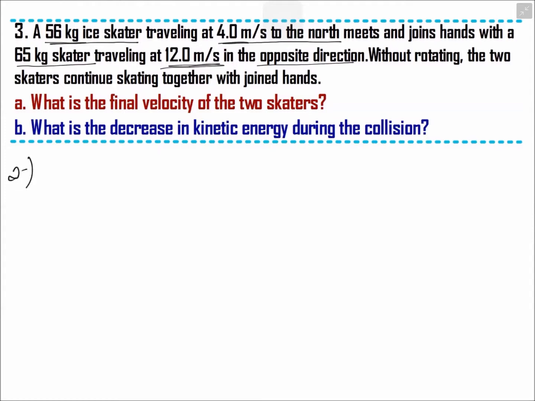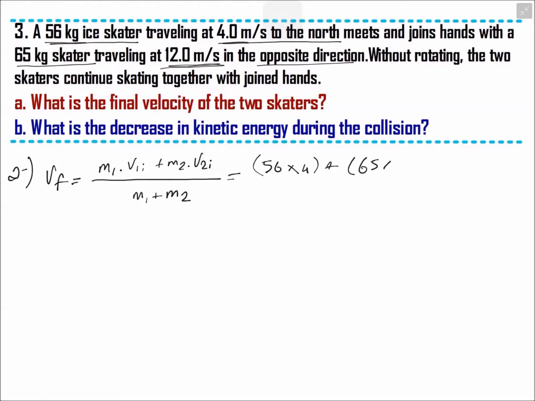So at part A, we will use the formula: V final equals m1 times v1 initial plus m2 times v2 initial, over m1 plus m2. So mass 1 is the 56 kilogram times its velocity 4 to the north, so it is positive 4, plus m2, the 65 kilogram, times its velocity in the opposite direction, so it will be negative 12, over m1 plus m2, 56 plus 65.